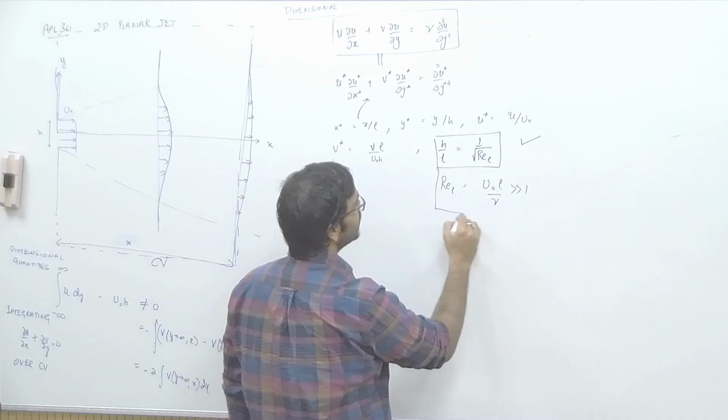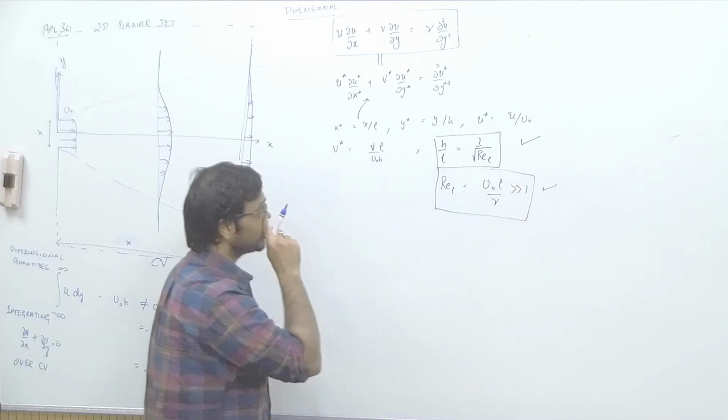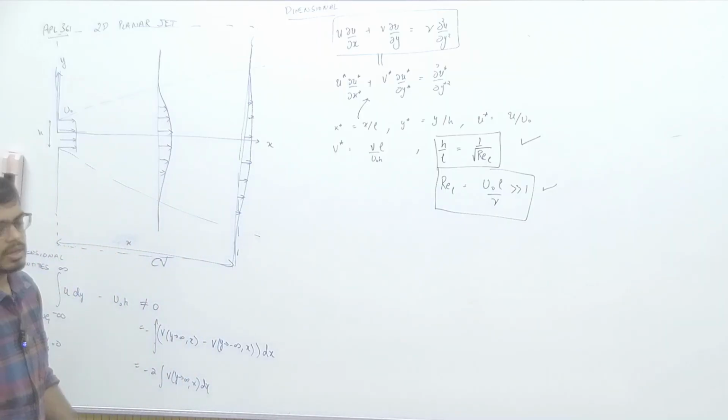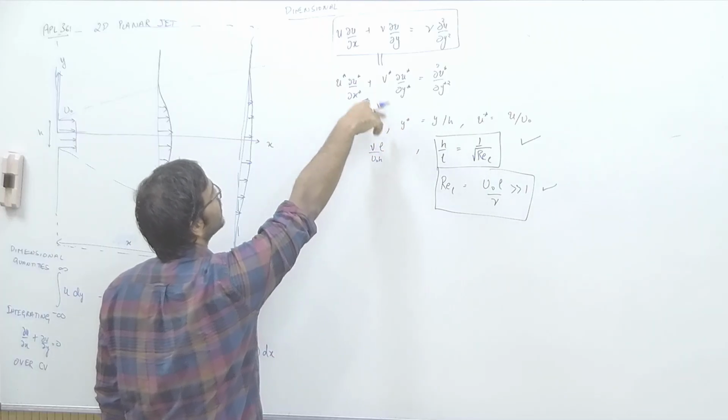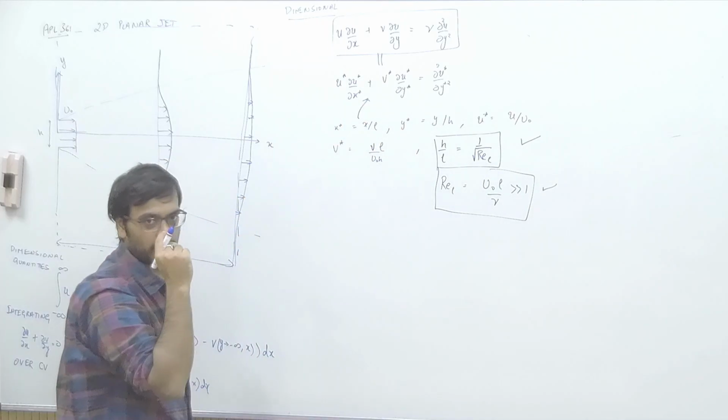So these two conditions are required for all this analysis, and the combination of these are basically the boundary layer theory approximations. Okay, so plug in these dimensionless quantities and you will get the dimensional form.